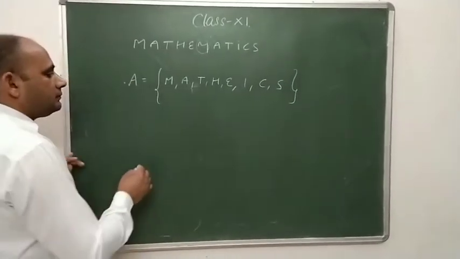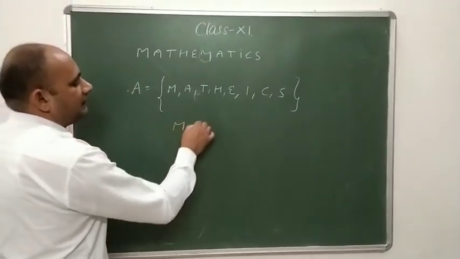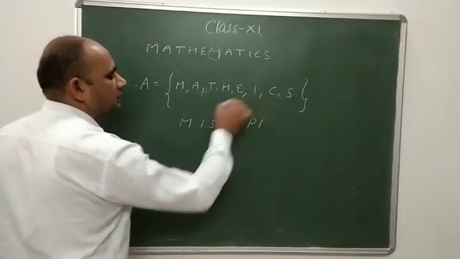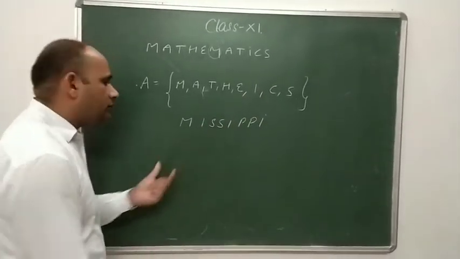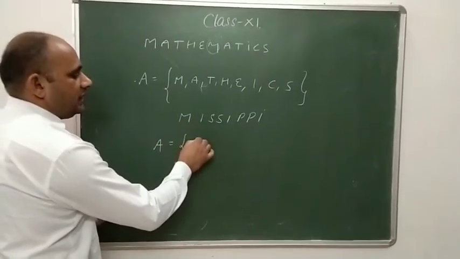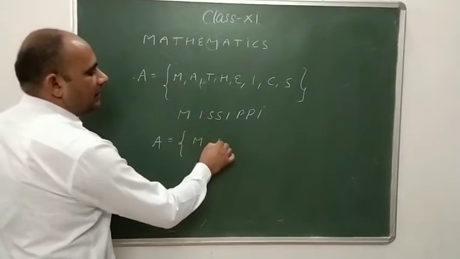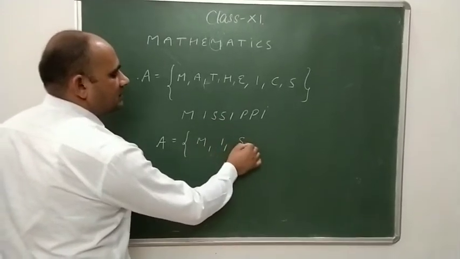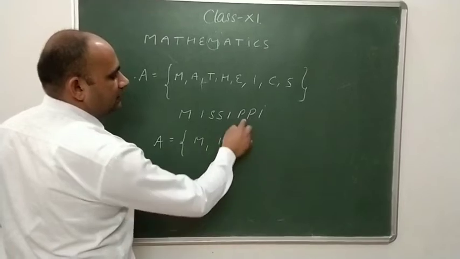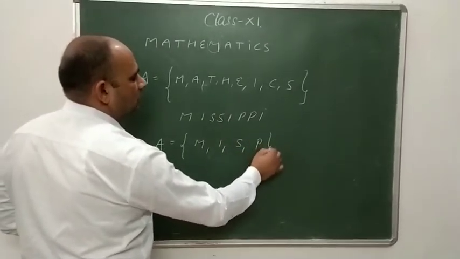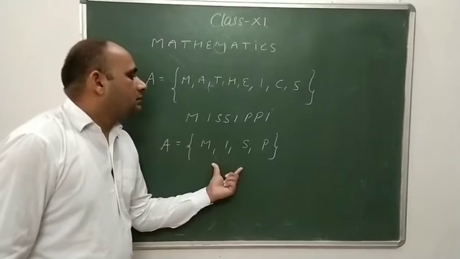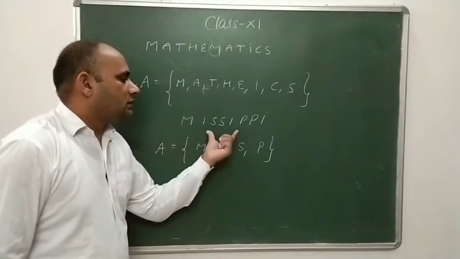Another example: suppose M, I, double S, I, double P, I. We want to write it in set form. Then set A has first M, I, S. We will not repeat S, not repeat I, then P. So this is the form of a set using any word.